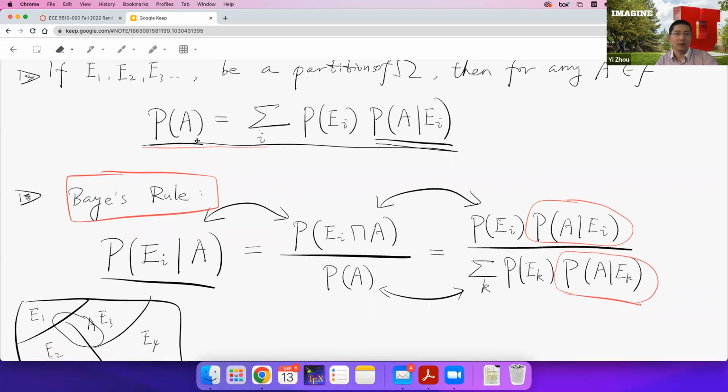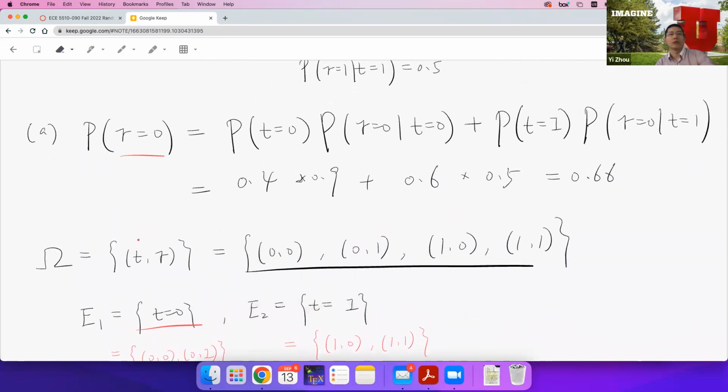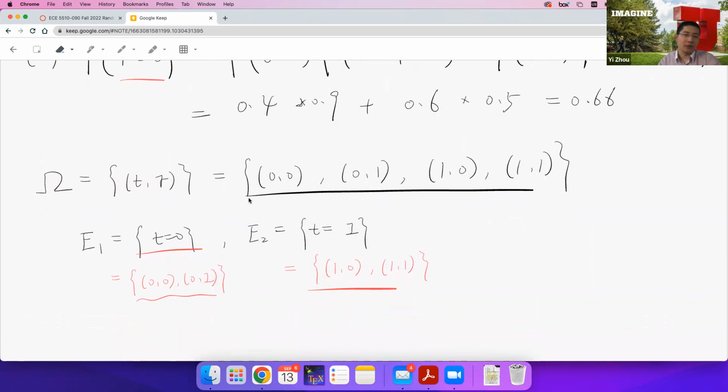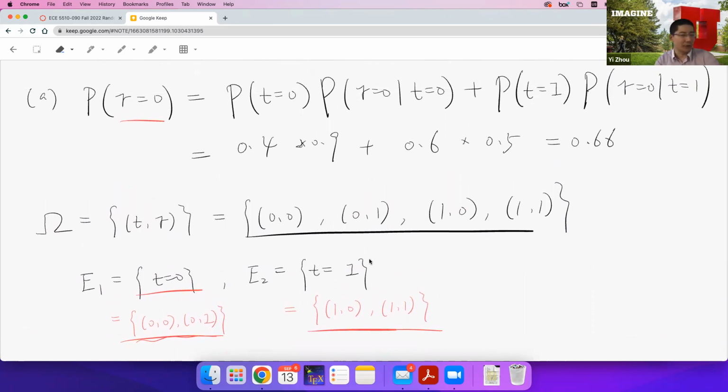This event A is now this event of interest. If you are not familiar with the partition, you may want to write down all the details. But later on, if you are very familiar with these techniques, you can just write it in this intuitive way.